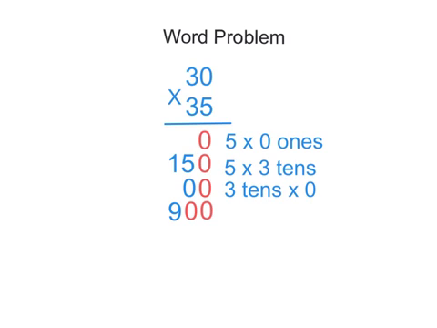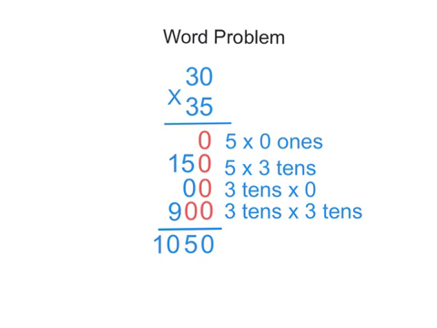And when we multiply 30 times 30, that will give us 900, which is the same thing as saying 3 tens times 3 tens is 900. When we add all of this together, with all the place values, we get an answer of 1050.